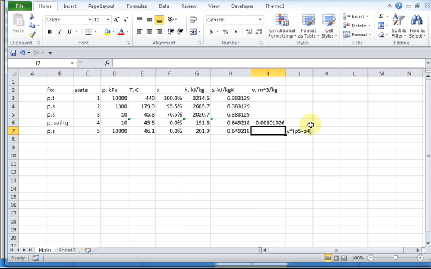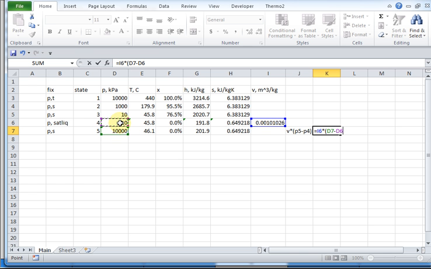And if we multiply that, so I want to evaluate V times the change in pressure, 10,000 kilopascal minus 10 kilopascal, I'll get the work of the pump. It's around 10.09 kilojoules per kilogram. True? Here, if I wanted to know the work of the pump, it's going to be the difference between this minus that.